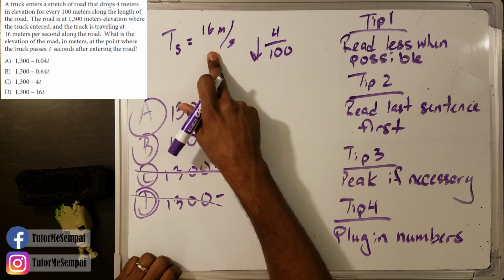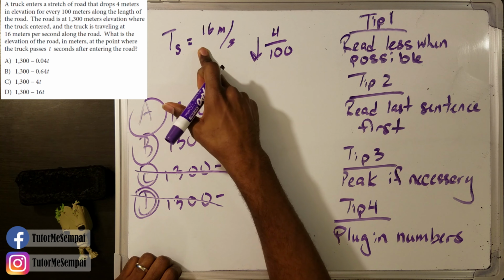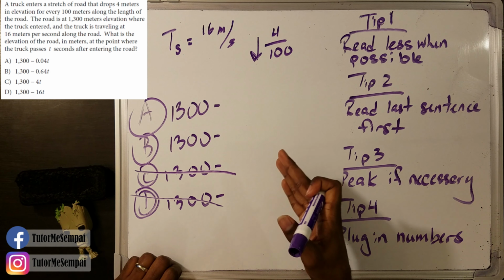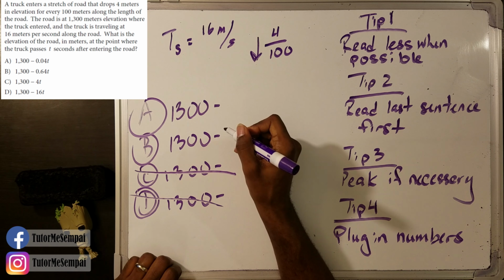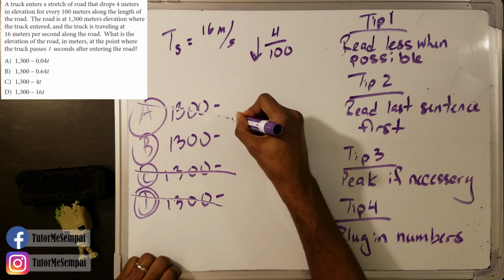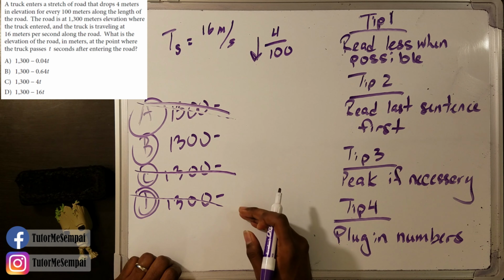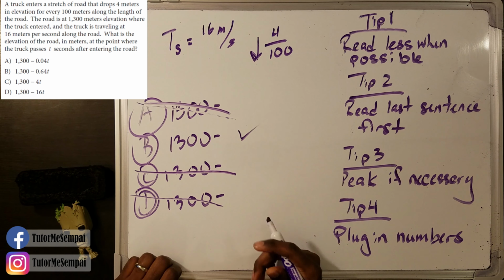All right, cool. How about 100 seconds? That's 1600 meters, right? Which would cause our elevation to drop 16 separate times at 4 meters each time, which is way more than what we get when we plug in 100 seconds into A. So A is dropping off too slow. Where C and D were too fast, A is too slow. So B is our correct answer for this.